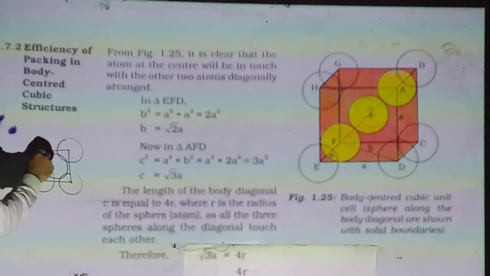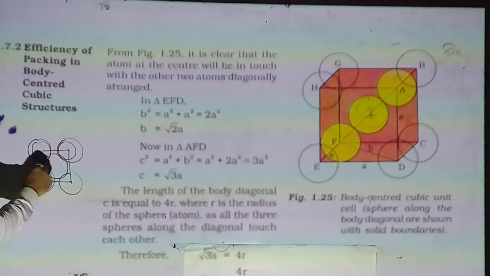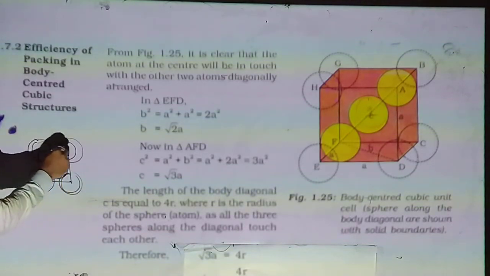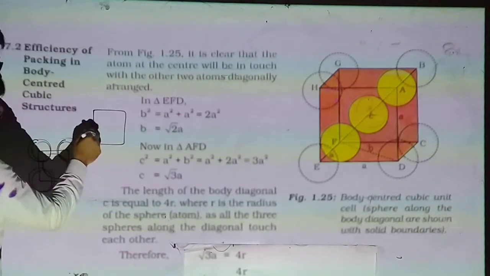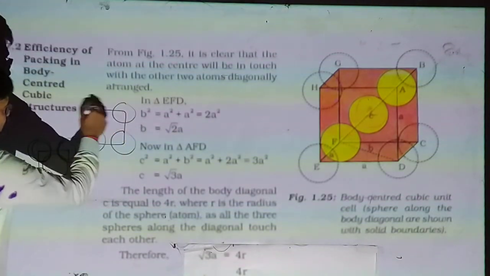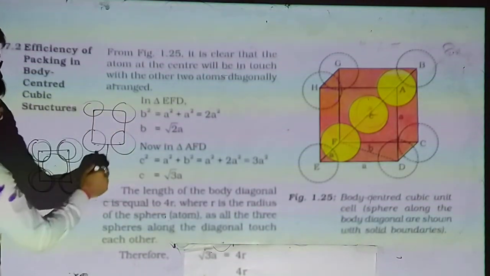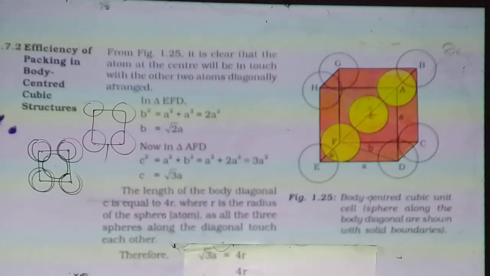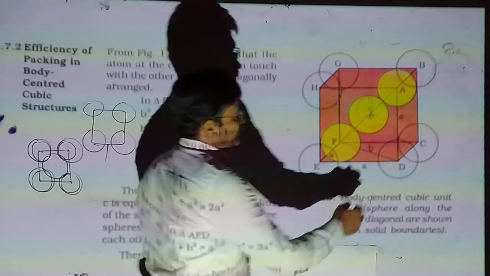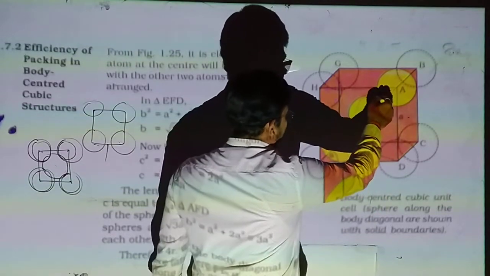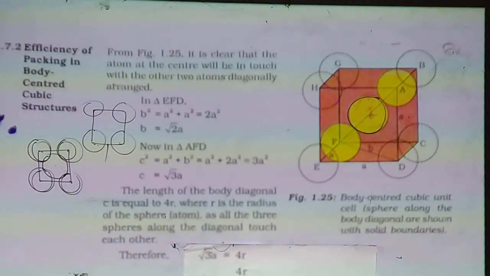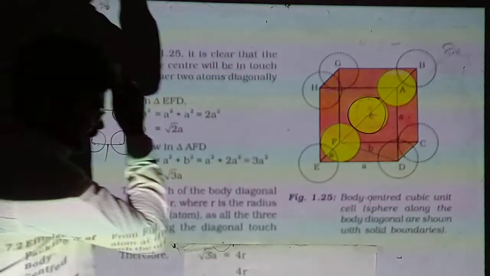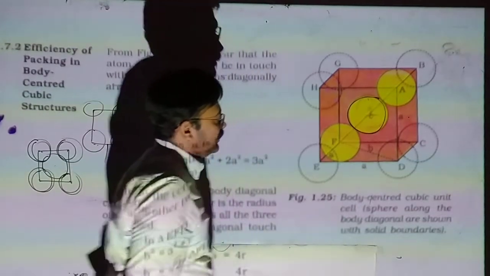Now with another 4, the middle one is touching 8, but in the cube the corner spheres are not touching at the edges. This one is not a face center, this one is body centered. So the body centered sphere touches another 2 spheres in the diagonal condition.